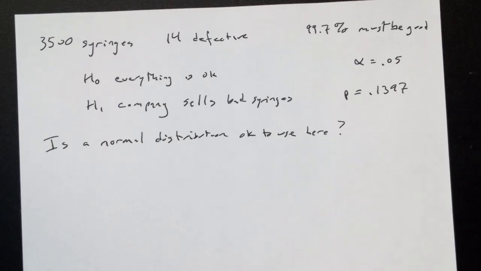Go back to the confidence interval section from last chapter, chapter 8. When we talked about a confidence interval for our proportion, we said we were going to use Z when something occurred. What's that something?